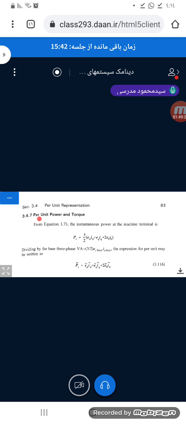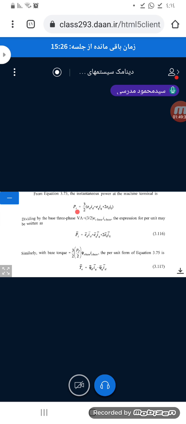So, per unit power and torque for a synchronous machine in the rotor is written by equation 3.160. That is, P_T is equal to e_d i_d plus e_q i_q plus 2 e_0 i_0.